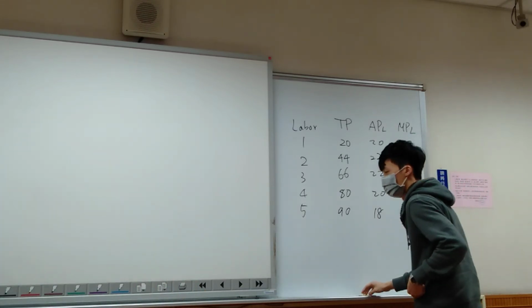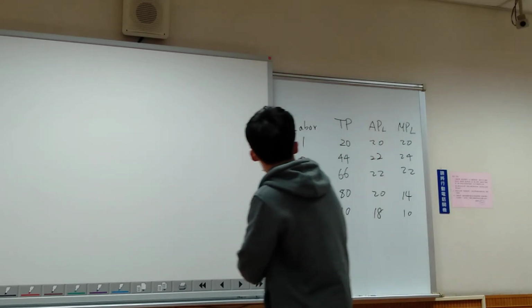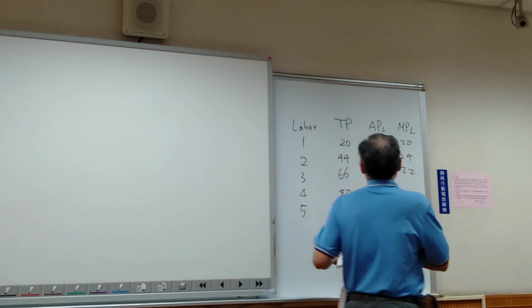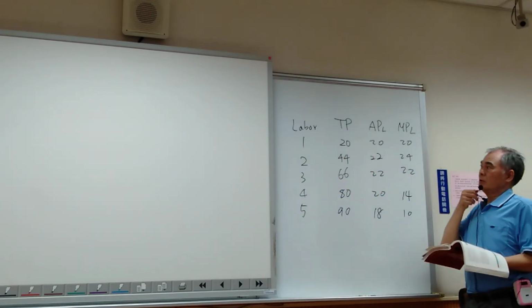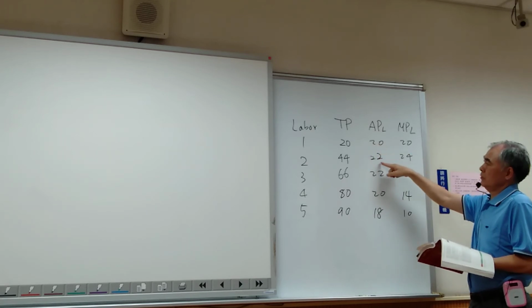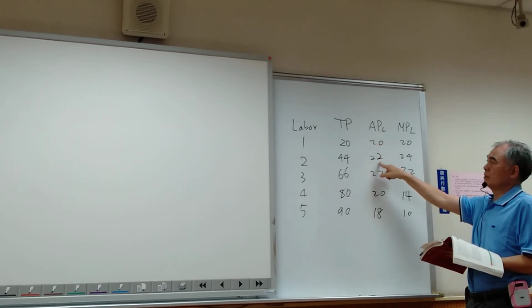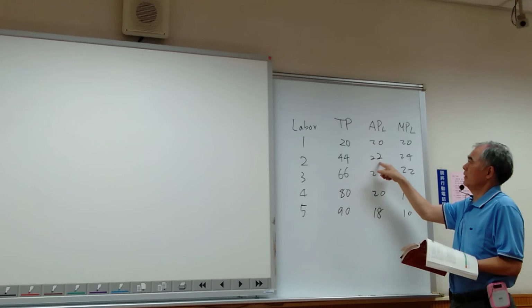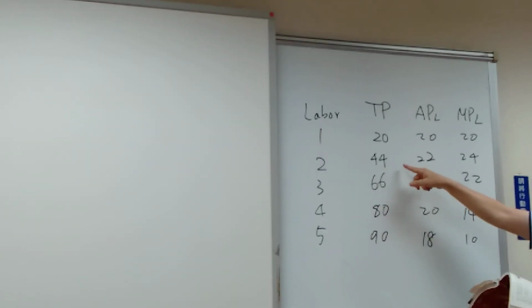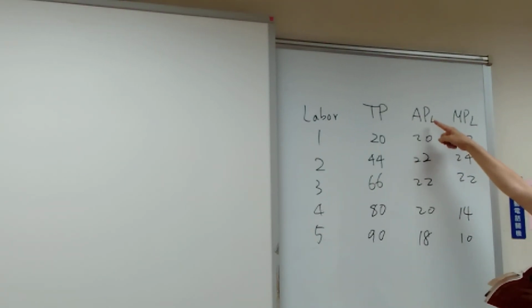Okay, let's check. So you have total product, right? And because this one you get 22 units more, that would be 44. Okay. AP. Okay.